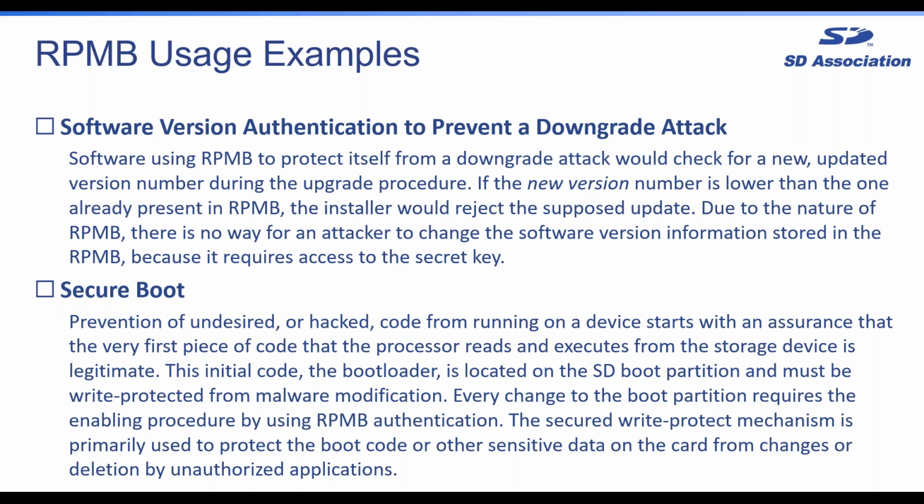So every change to the boot partition requires the enabling procedure I described before, the RPMB authentication. So the secured write protect mechanism is primarily used to protect the boot code or other sensitive data on the card from changes or deletion. So these are the main use cases for RPMB, and in the market there are several more that can be elevated for SD card.